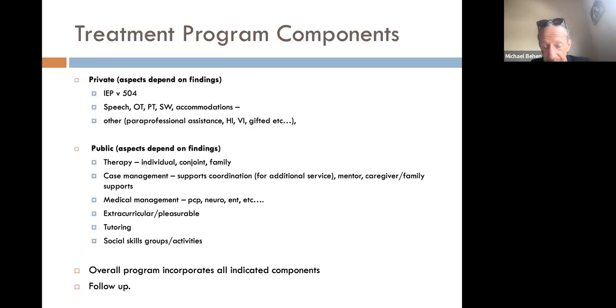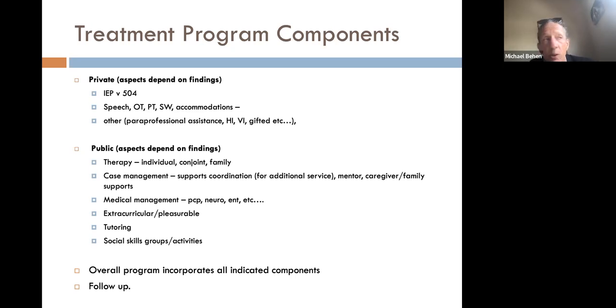We're going to want their physicians involved, their neurologists involved, if they're having trouble sustaining attention, or there's a stress response concern and anxiety. So we'll also want to get the doctors involved for medical management of those concerns. Sometimes for a child who is having distress or some problems in living, we're going to want them to have more extracurricular and pleasurable leisure and social activities.